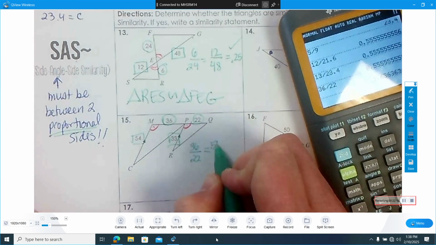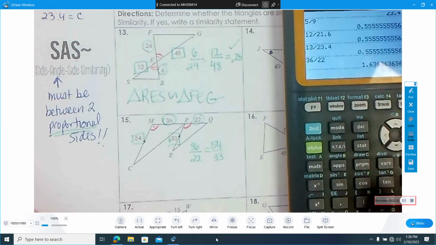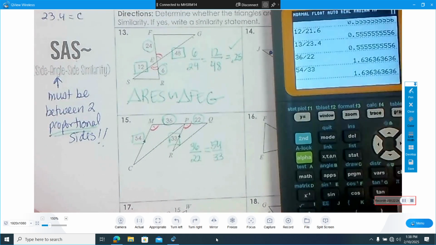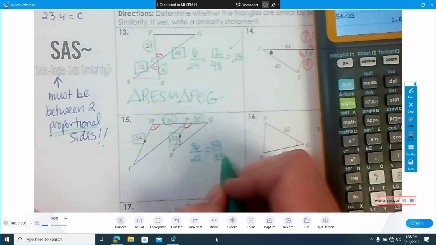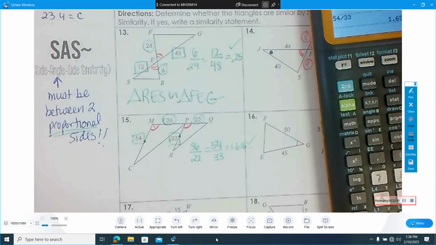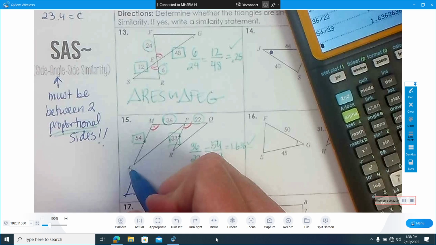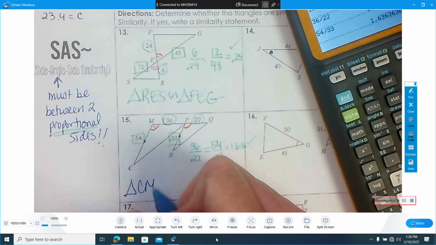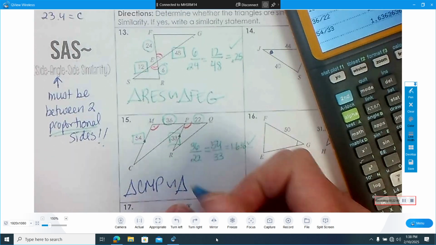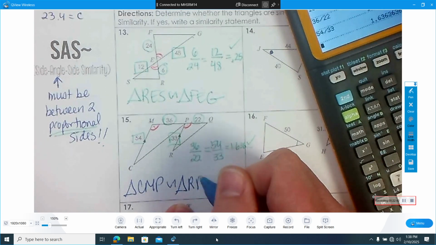Good. We get 1.636 for both of them. They match. They are proportional. So I'm going to say triangle CMP is similar to what? RPQ.